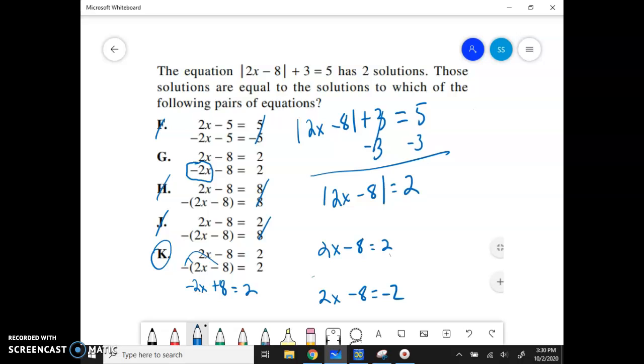It's just saying that this can either be equal to, whereas we said, or as we solved last week, as a positive and a negative 2, it's basically saying the opposite, whereas we can have 2 is equal to positive 2x minus 8 or negative 2x minus 8, okay?